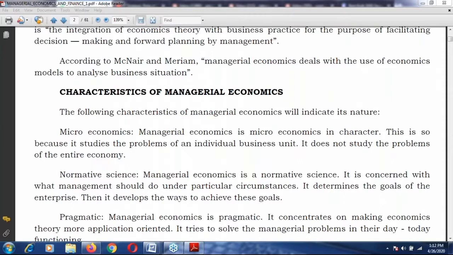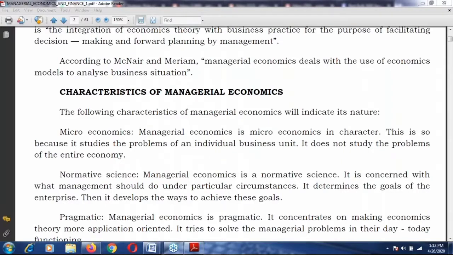Then it also serves as a business plan and forecasting tool. So the business economists can help the management in the formation of their business plans by forecasting the economic environment.